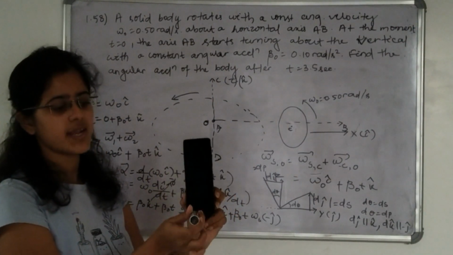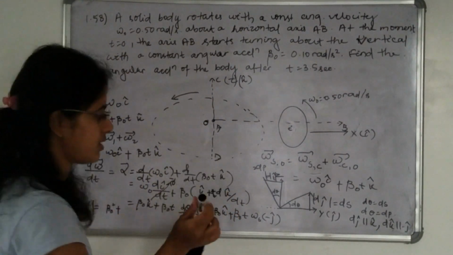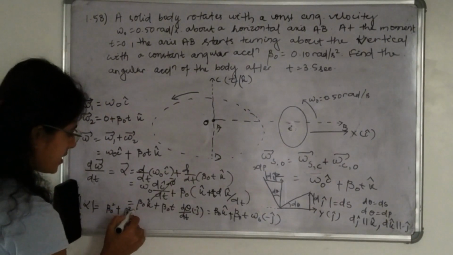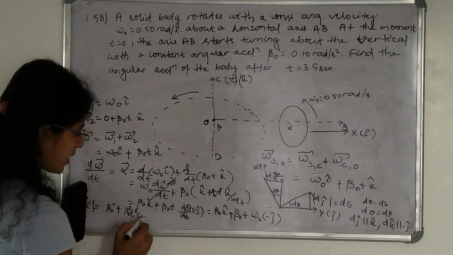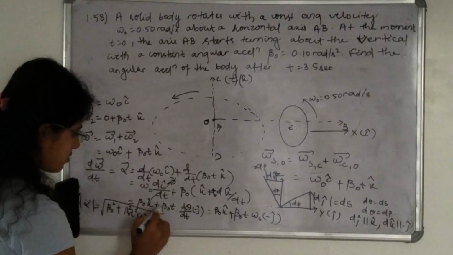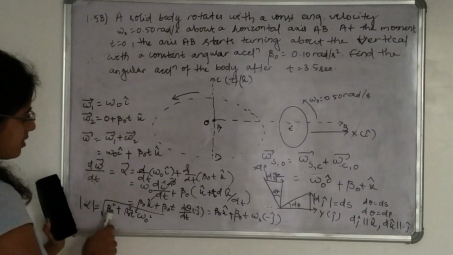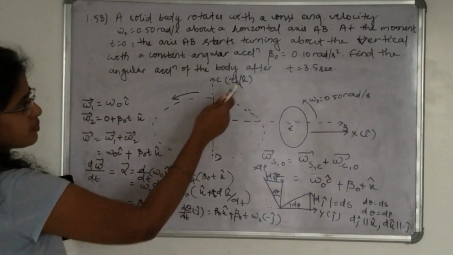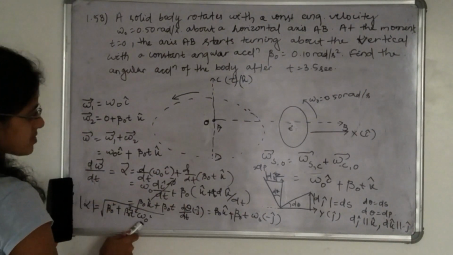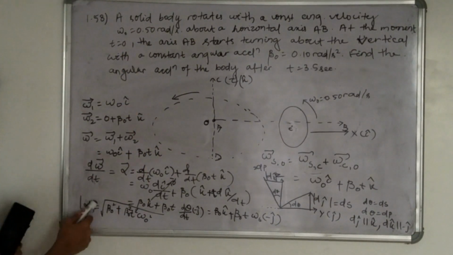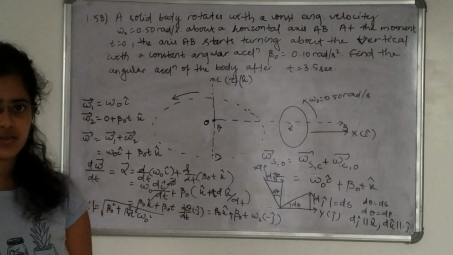So z axis and negative y axis are perpendicular. That means this will be the square root of beta naught square plus beta naught square t square omega naught square. Beta naught is how much? 0.10 radian per second square. Put this here. In place of t, put 3.5 second, and in place of omega naught, put 0.50, and you can find the value of the modulus of angular acceleration.